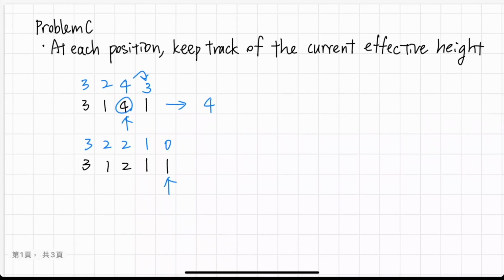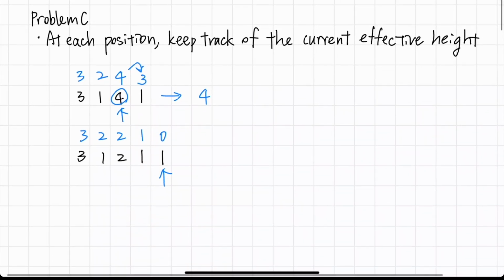So anytime when we're updating, if the previous height becomes 0 when we move on to this domino, we would just output the answer and stop looping through the dominoes because it would be impossible for the dominoes to continue falling down.